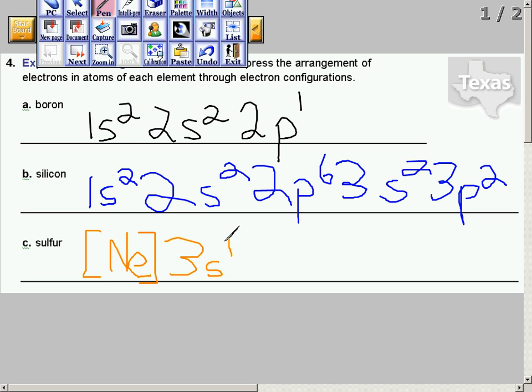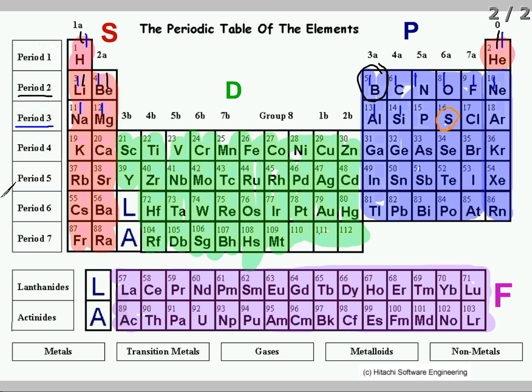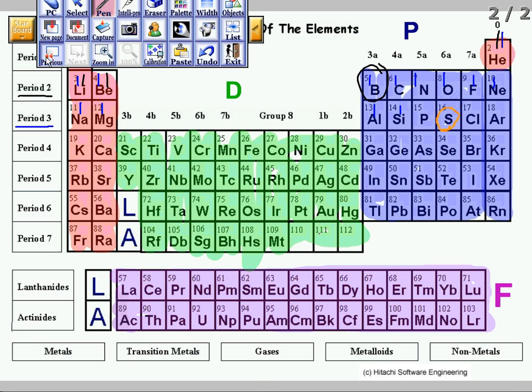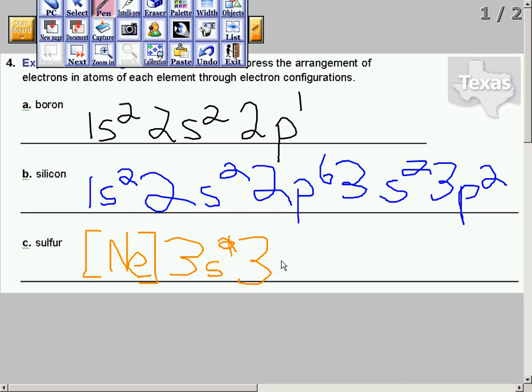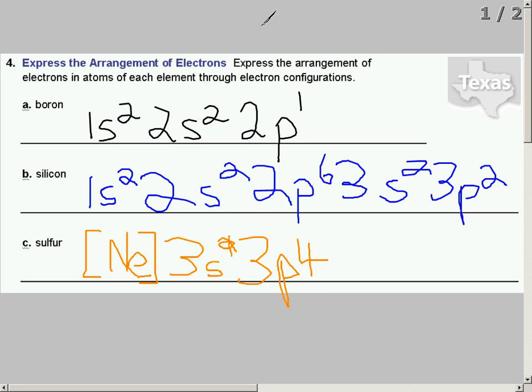So we have completely filled up our s orbital on period 3. Now we go to the p's. 3p1, 3p2, 3p3, 3p4. You can write sulfur as [Ne] 3s2, 3p4.